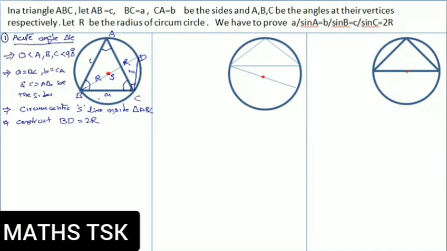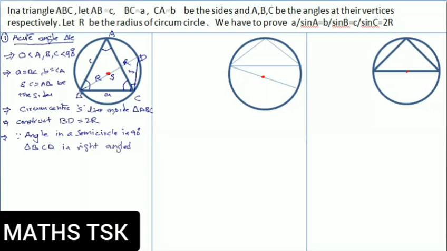Since the angle in a semicircle is 90 degrees, triangle BCD is right angled. Angle BCD is 90 degrees.